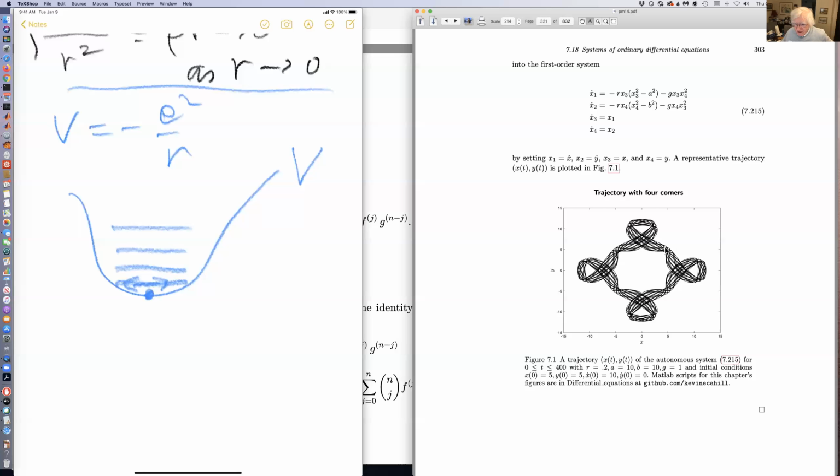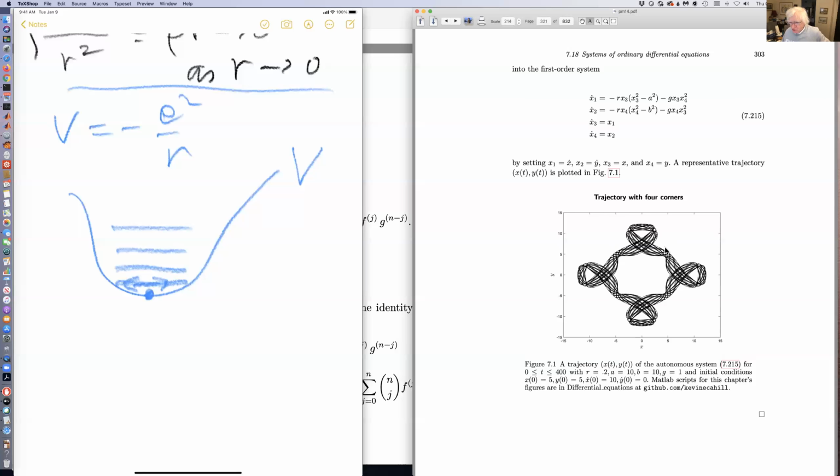And the MATLAB scripts for all the figures in this chapter are in the Differential Equations folder at GitHub. By the way, that's something I haven't mentioned here before, maybe because it just didn't occur to me.